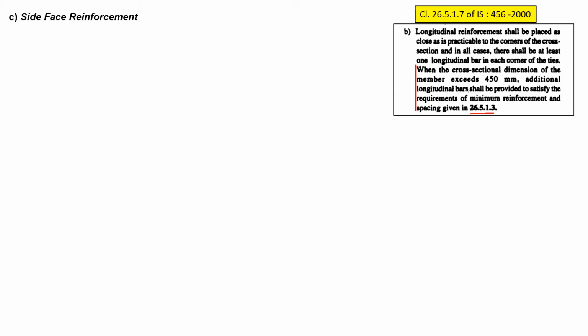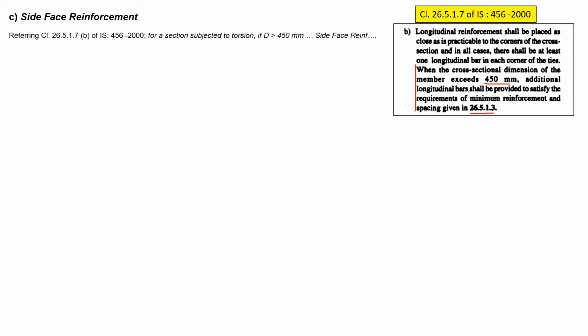You must keep in mind that if your beam is not subject to torsion, then side face reinforcement will be required when the depth of the section exceeds 750 mm. But when we are talking about a beam designed to take care of torsional moment, that limit is 450 millimeter.